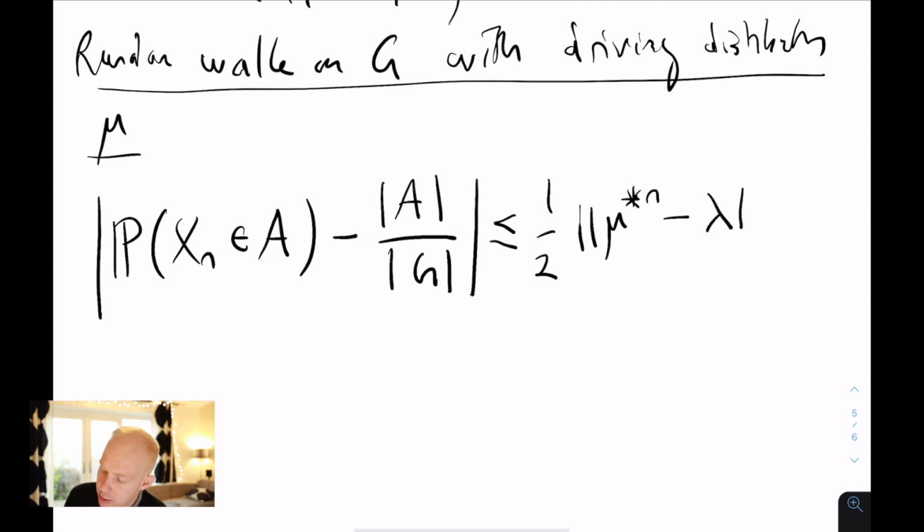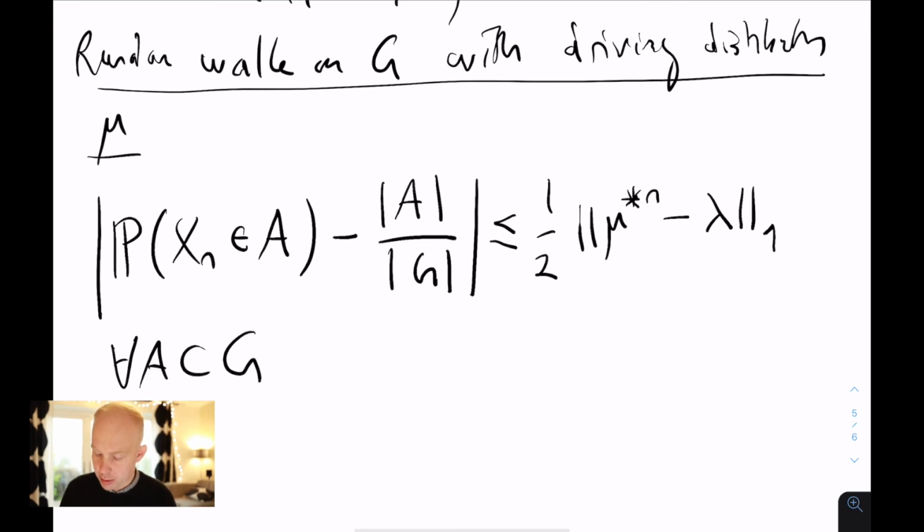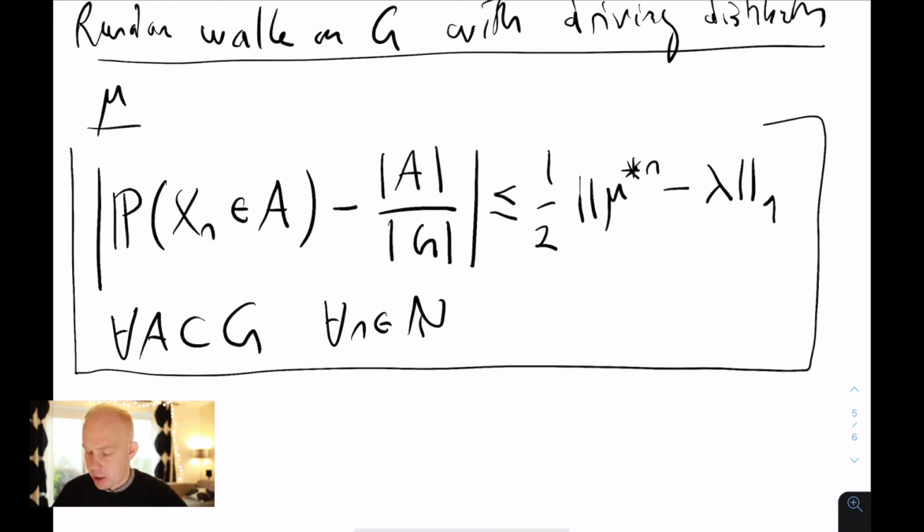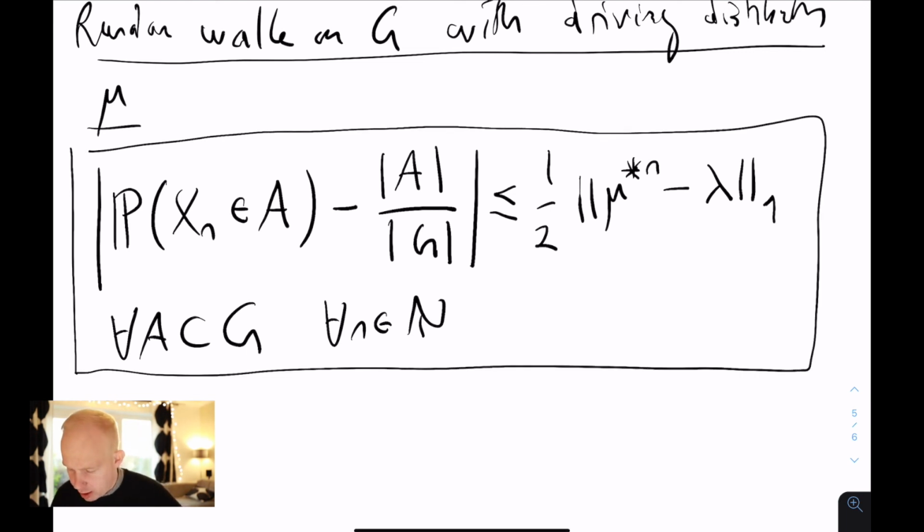So that's the way we can always bound this distance for any A in G and for any n in N. In order to analyze how the random walk behaves asymptotically, we need to understand how this distance to the uniform behaves in the L1 norm.